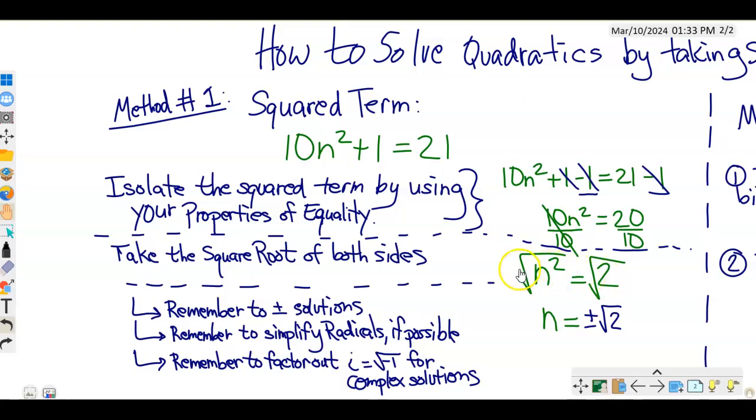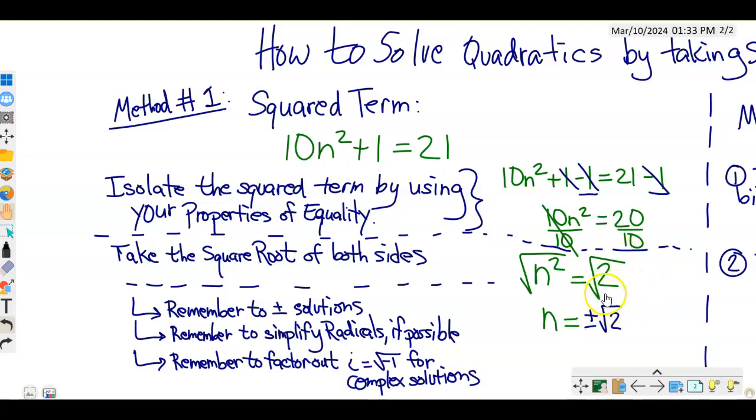So here I am taking the square root of both sides. Okay? You only do this once. All right? And when you take the square root, you're done with it. All right? In this case, taking the square root of n squared is going to get me down to a single variable n, which is what I am solving for.